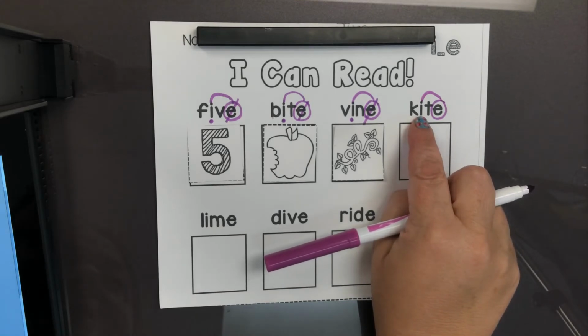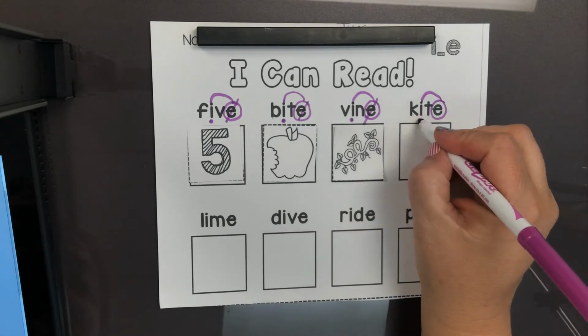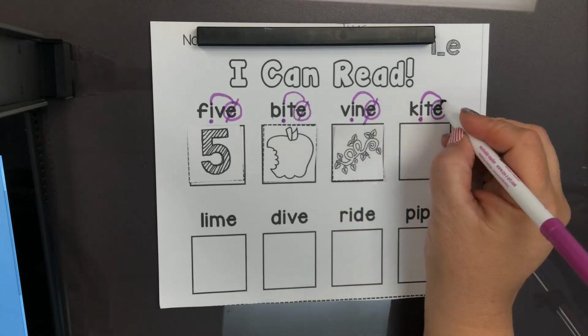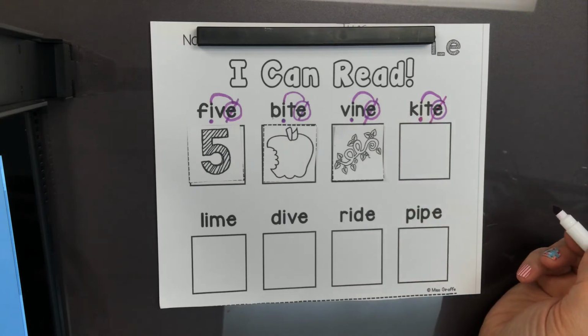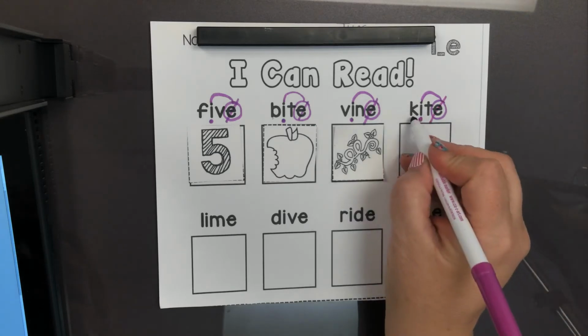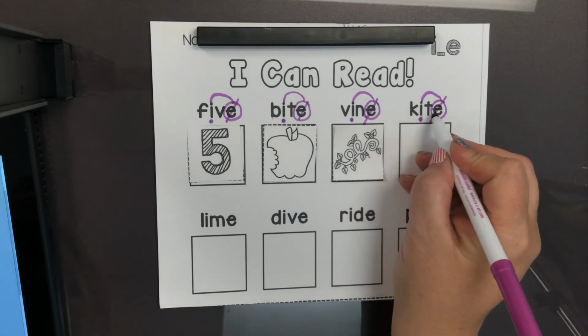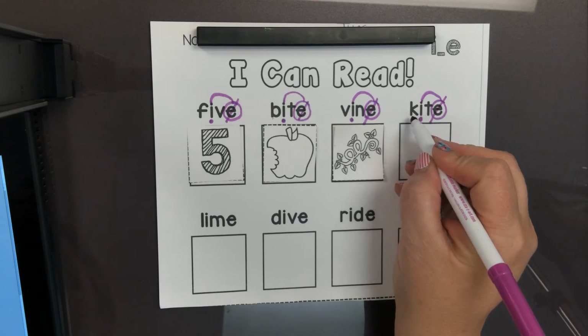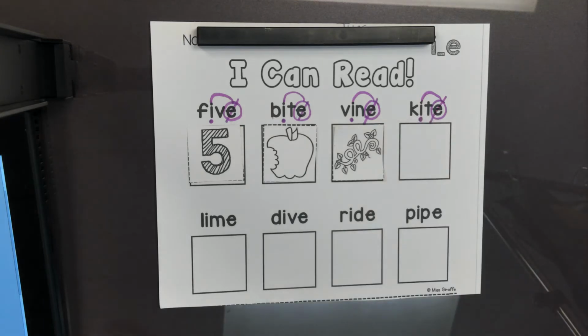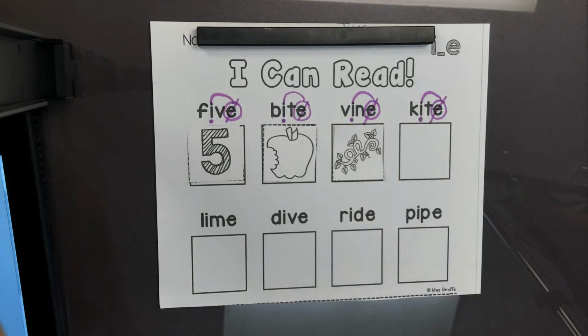Yes, it does. So this vowel will say its name, I. Magic E will not say anything. Let's sound out the word. K-I-T. Kite. This word is kite.